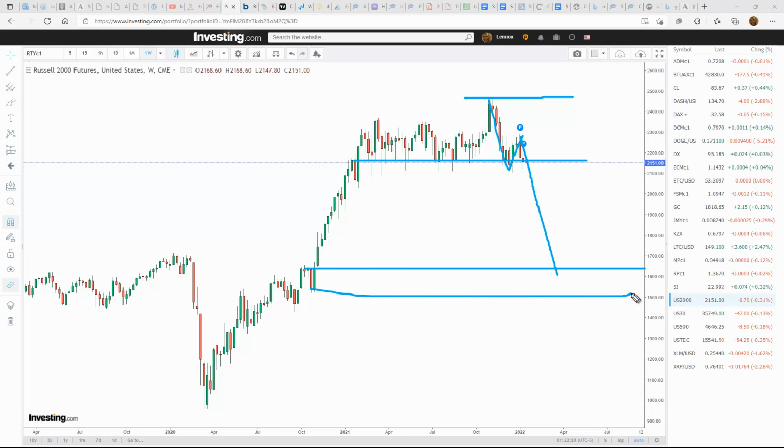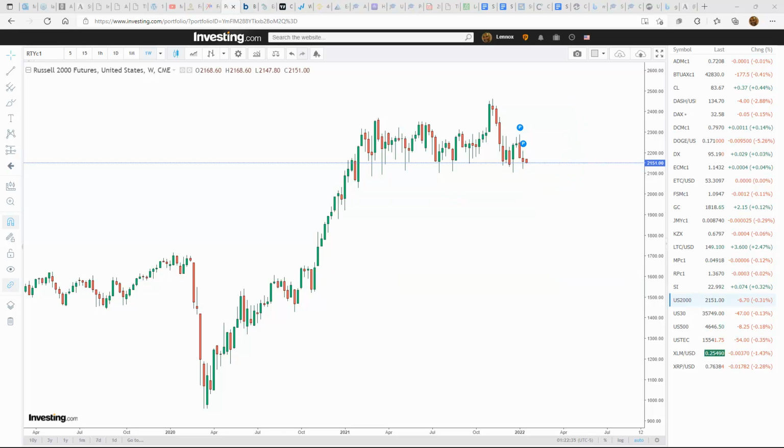That's a total possibility looking at this chart. However, if midway, something like that, perhaps, and then we're going to bounce again. But right now we're sitting at a very interesting spot here where we could fall off the cliff.